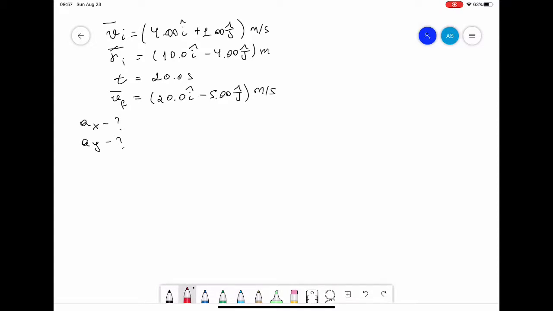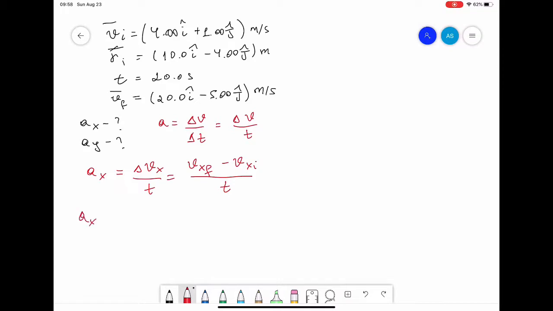We know the general formula: acceleration is equal to delta v over delta t. The time started from 0 and the final time was 20 seconds, so we can simplify this formula to delta v divided by t. Let's first find the ax component, which means we consider only x components: ax is equal to delta vx divided by t. Delta vx means vx final minus vx initial, divided by time.